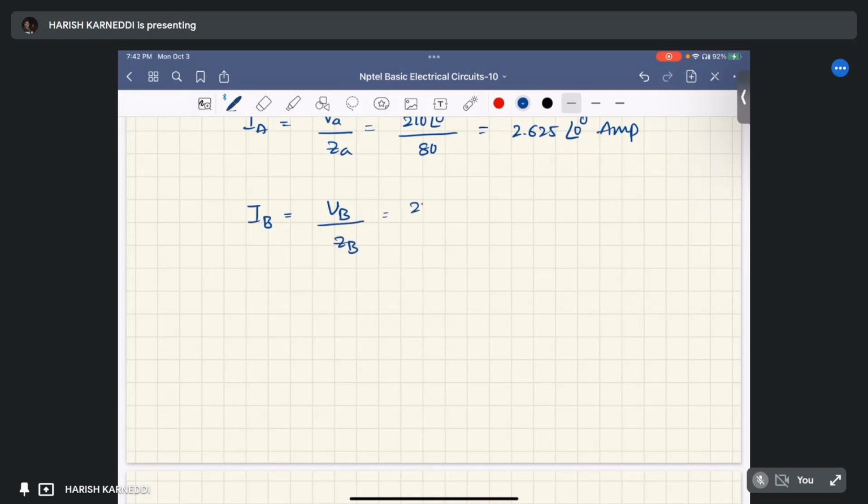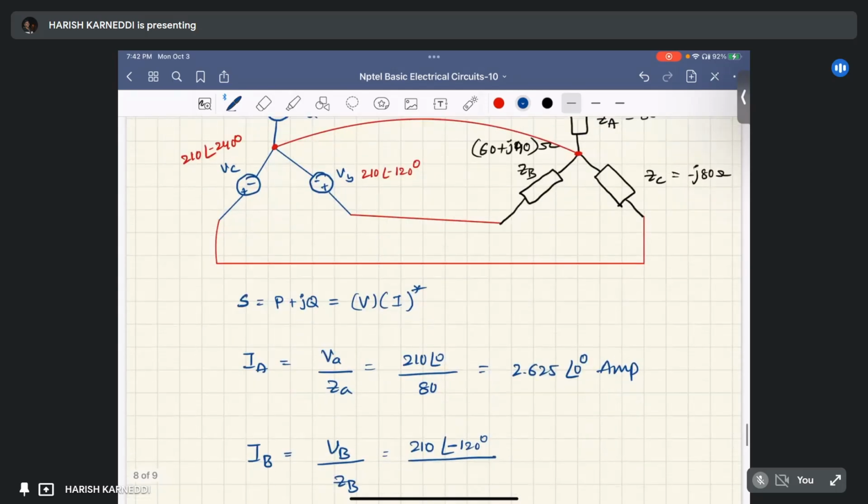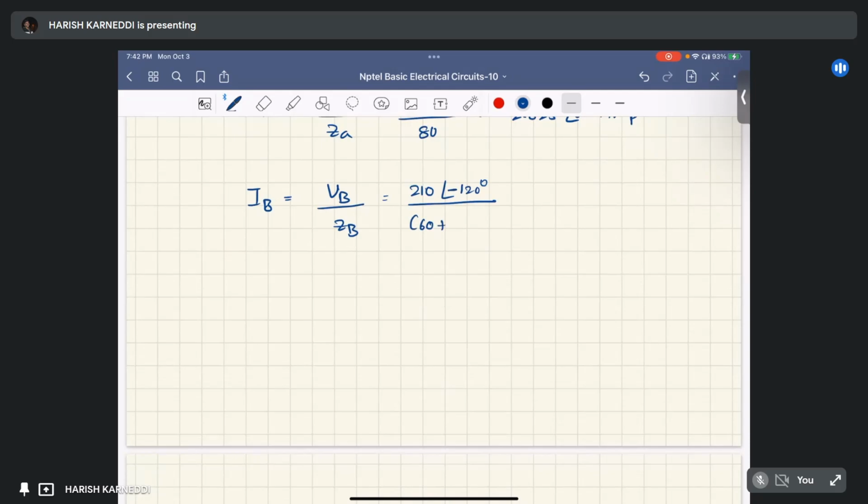VB equals 210 at an angle of minus 120 degrees by ZB equal to 60 plus j90 ohm, which equals 1.9414 at an angle of minus 176.3 degrees amperes.